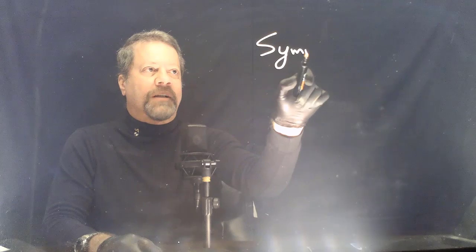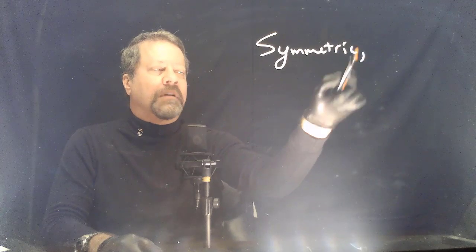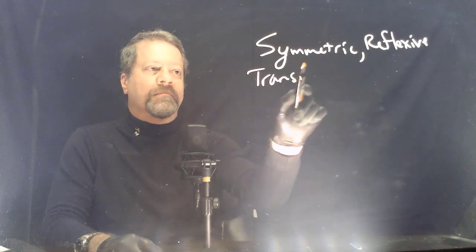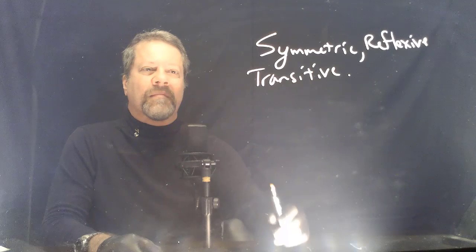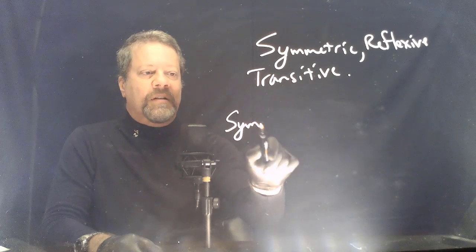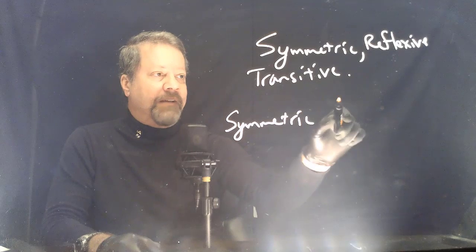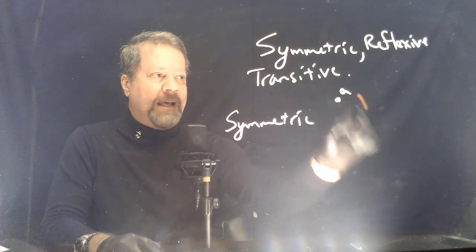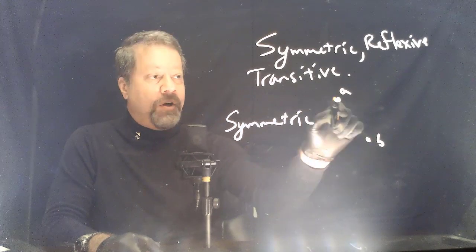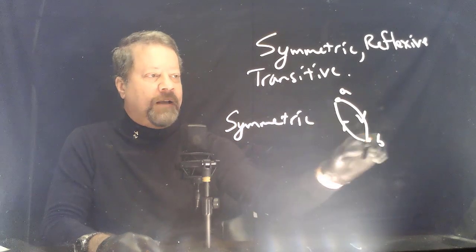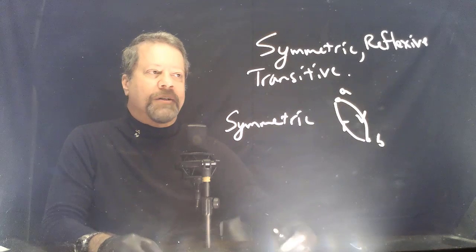How do you know whether a digraph is symmetric, reflexive, or transitive? Well, the digraph is symmetric if and only if every time you have points A and B as nodes, you have edges going in both directions.